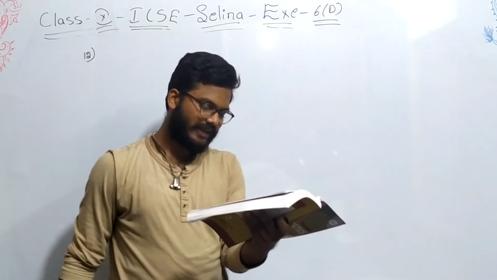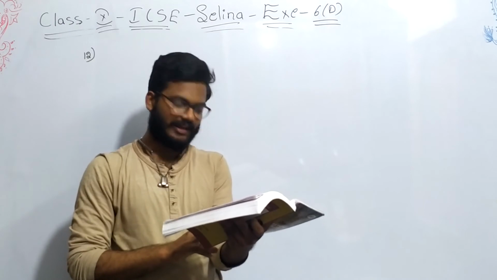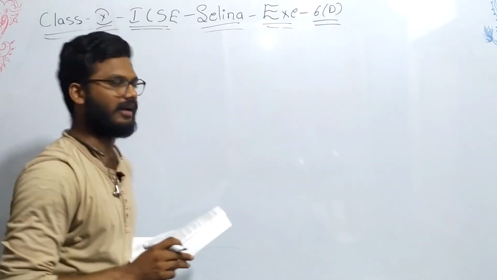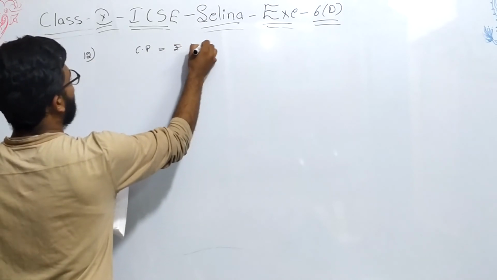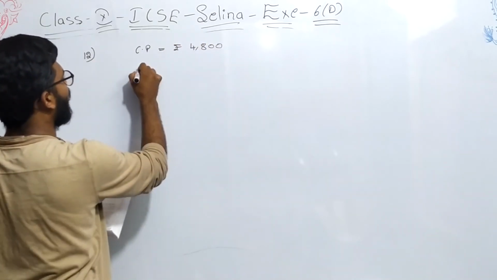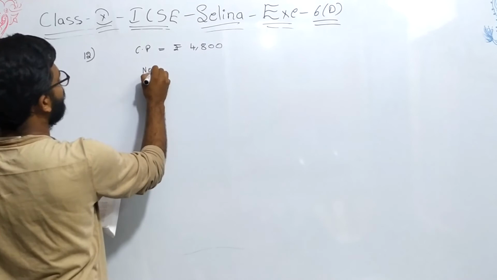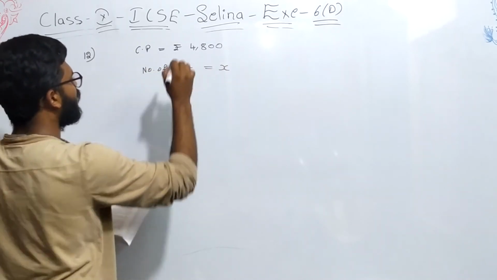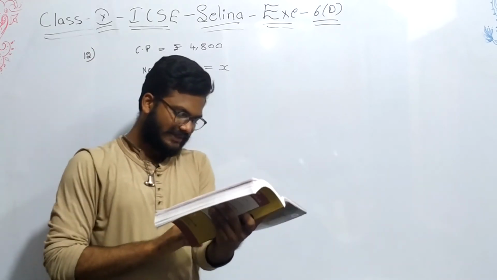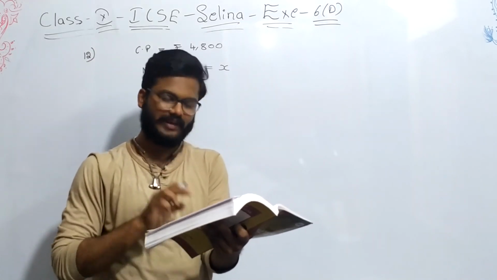The total cost price of a certain number of identical articles is rupees 4,800. So they give cost price is equal to rupees 4,800 and they are telling a certain number of articles. So let the number of articles be x. Next, by selling each article at 100 rupees each.